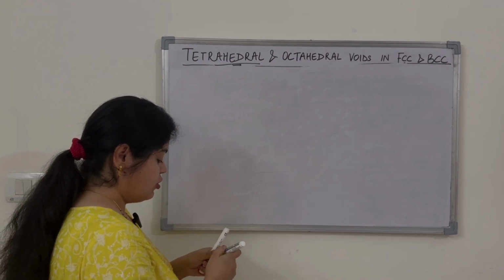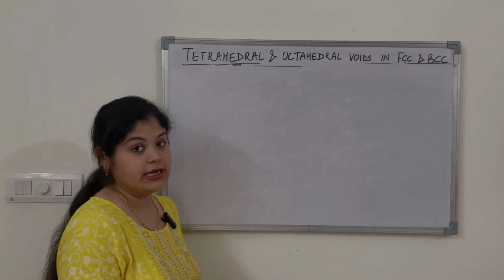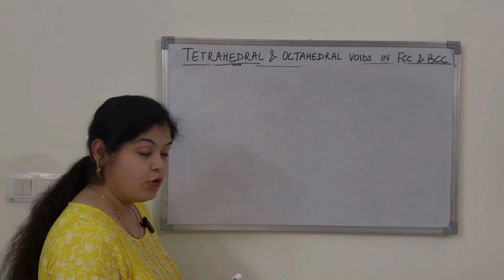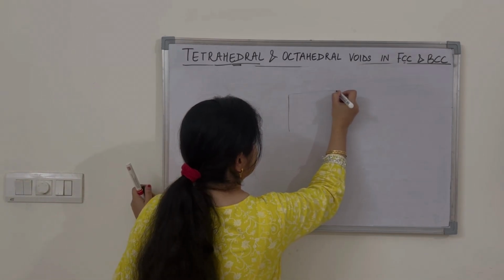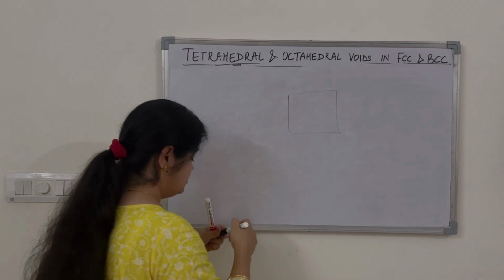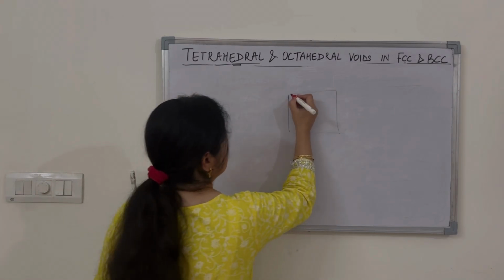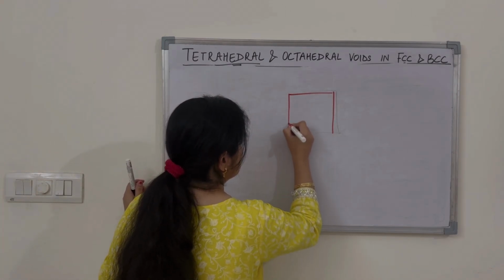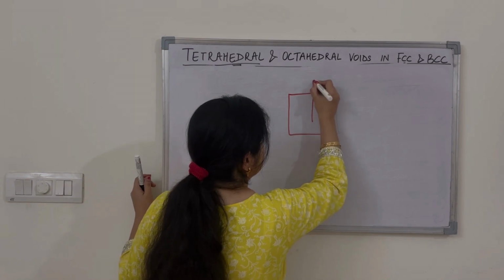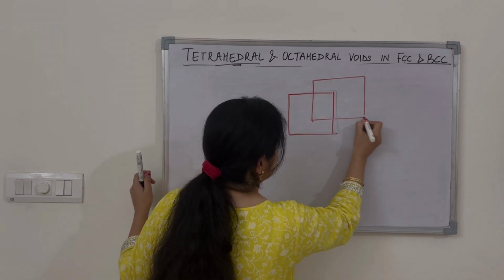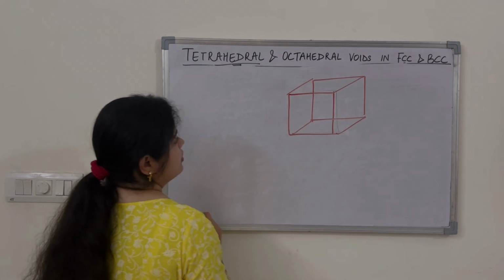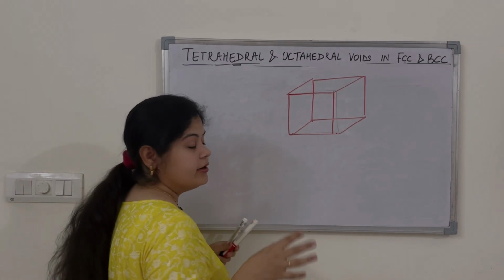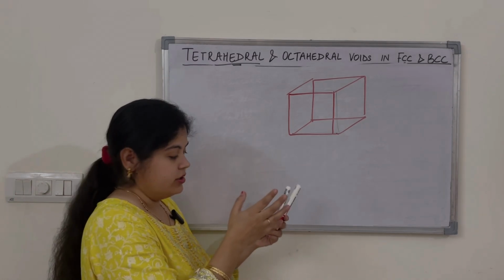So let us draw BCC structure and the atoms that contribute towards this particular void. So for tetrahedral void, we go towards the corner.